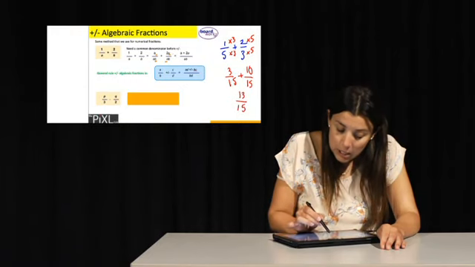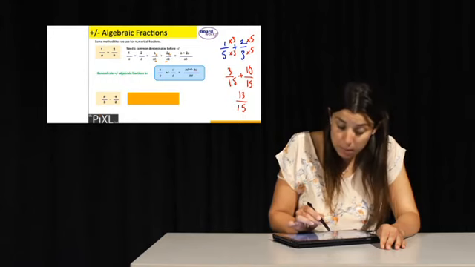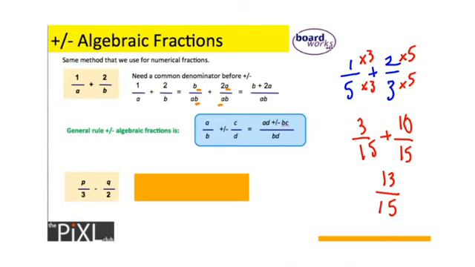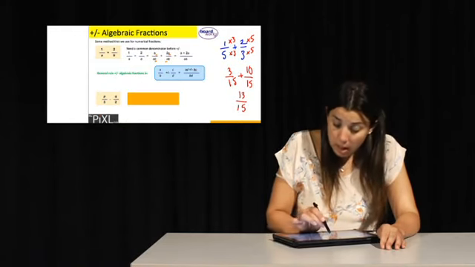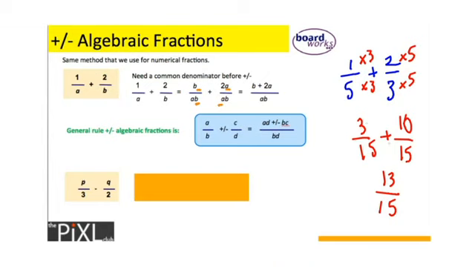These fractions are still equivalent because all we have done is multiply the top and bottom by the same numbers. Here, we're going to multiply it by b, and here we've multiplied by a. We can then add our two numerators together. Like we've done here, 3 add 10, we get our 13.